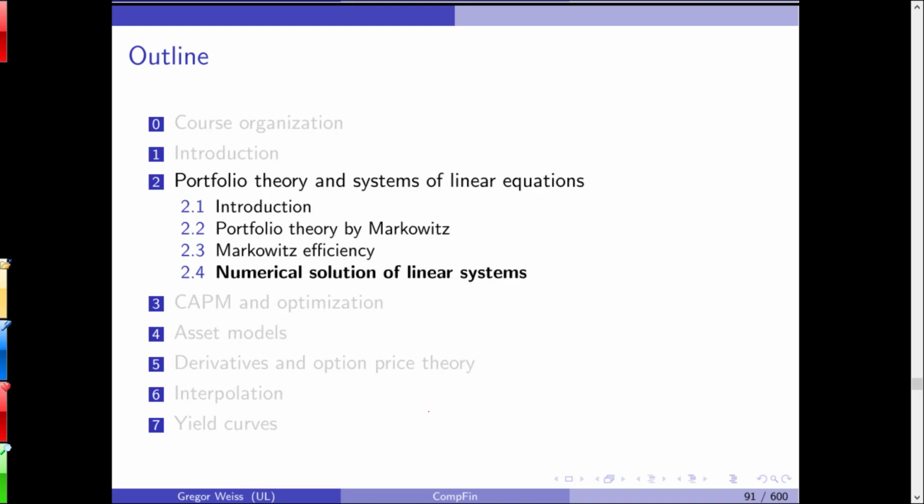The capital asset pricing model is one example, and the most famous example, of an asset pricing model that tries to explain in equilibrium asset prices, and which as a special feature extends portfolio theory by including a risk-free investment. And as soon as you have a risk-free investment, things change.